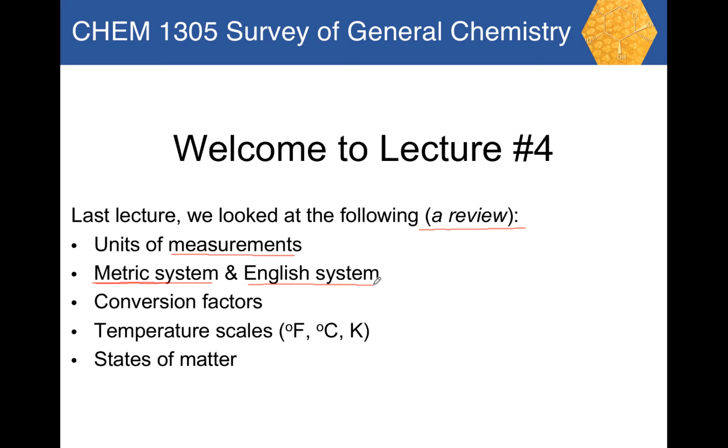Whenever you go to buy gas, you buy a gallon of gas. So that's the English system. In chemistry, however, and science, and most of Europe, they use the metric system. So if we go to buy gas, we buy liters of gas because that's the unit of volume.